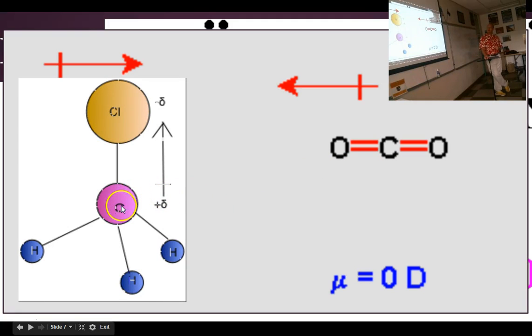Here we have carbon with 3 hydrogens and then a chlorine atom. Well, carbon pulls a little bit more than the hydrogen does, so the hydrogen's electrons spend a little more time around carbon. And then here comes chlorine with a massive electronegativity. So chlorine pulls even harder than carbon.